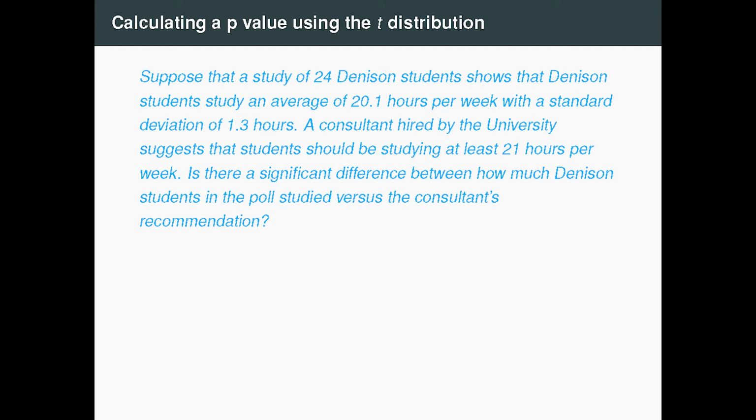We want to know, is there a significant difference between how much Denison students in the poll studied versus the consultant's recommendations? Our hypotheses in this case are, the null hypothesis, or the status quo, is that Denison students study the same as the consultant's recommendation of 21 hours, and our alternative hypothesis is that they study differently than 21 hours. So our null hypothesis is that mu is 21, and our alternative hypothesis is that mu is not 21.